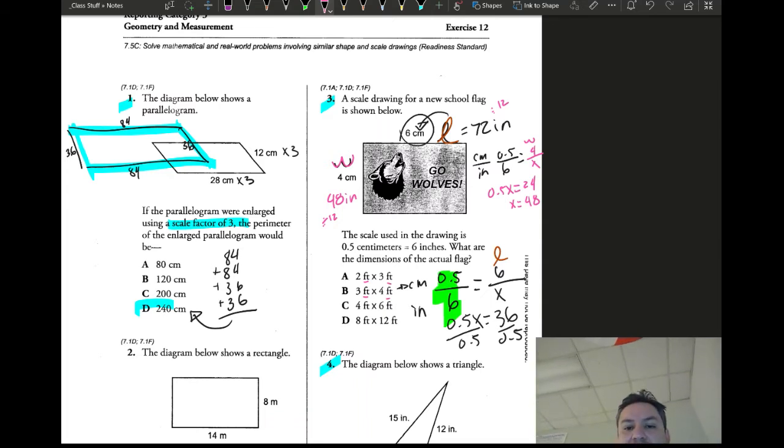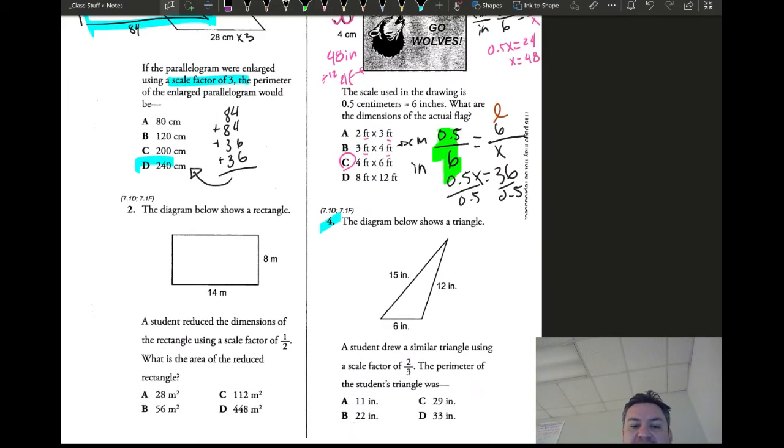You will be given that. 72 divided by 12 gives you 6 feet. 48 divided by 12 is going to be 4 feet. So it's going to be a 4 by 6, which is C. This is a little more complicated. You can expect to see a question like this on the test because it includes scale drawings, scale factor, and unit conversions.